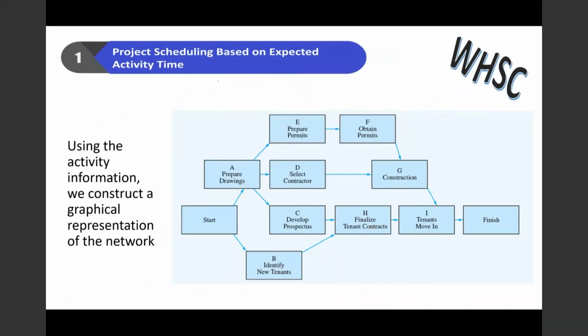So it doesn't have to be C, D, E. It can be in any sequence as long as we try to avoid having one arrow going this way and then another arrow crossing like that. This is something that we want to try and avoid.